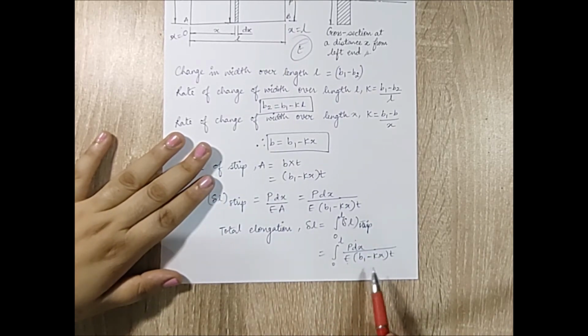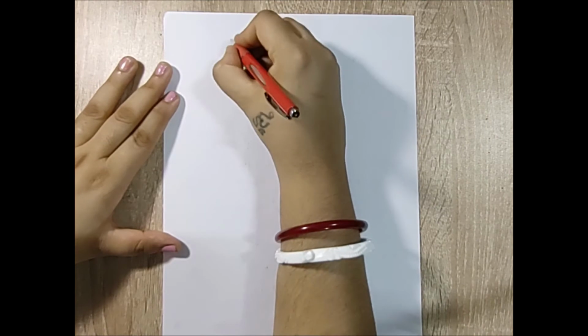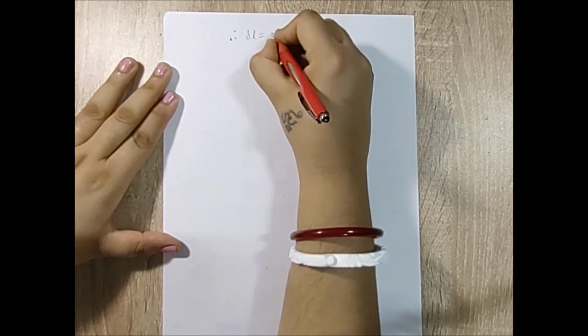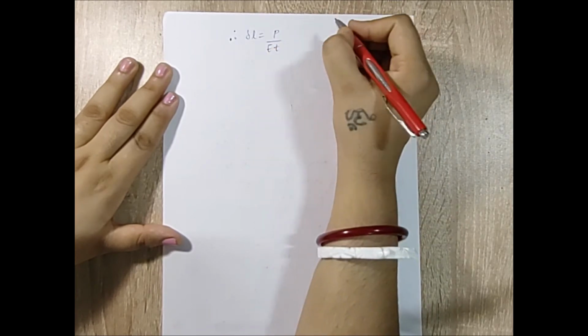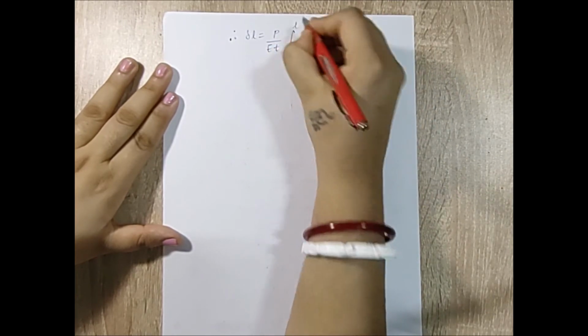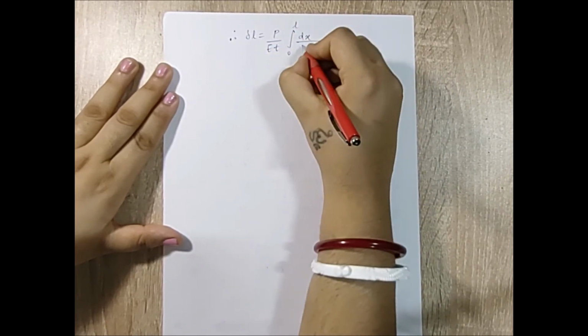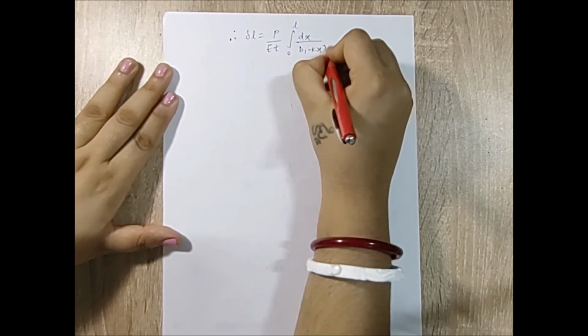So what will remain is dx upon B1 minus Kx. Therefore, delta L will be P is common, E and T is something which is common. So 0 to L dx upon B1 minus Kx.